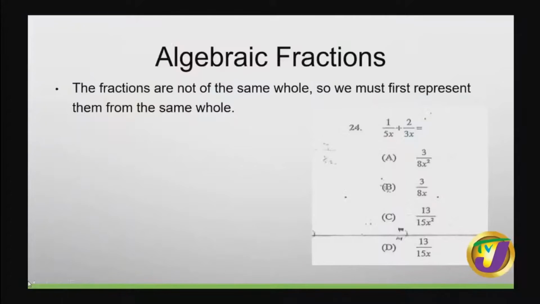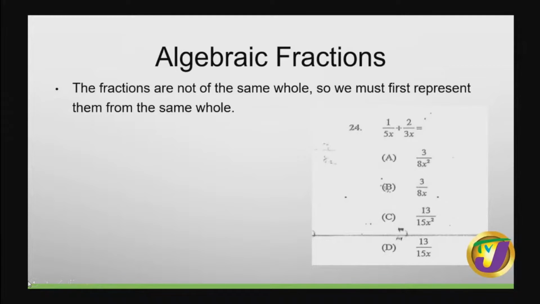Now the denominator for the first fraction is 5x. The denominator for the second fraction is 3x. If you remember working with fractions, the denominator tells you what? Yes, it tells you how the fraction has been divided. So if they're different, even in algebraic terms, it tells you that you can't just operate with them.